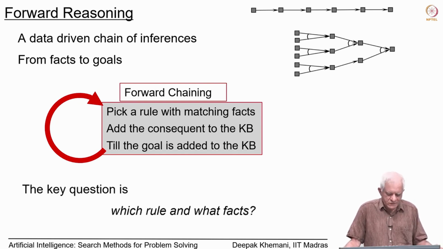The key question of course is which rule should we pick and what matching facts we should apply it to. We saw a glimpse of this when we talked about conflict resolution strategies in production systems, that you can have different kinds of strategies. We are talking about automated strategies. We are not talking about a mathematician who combines other processes to work towards finding the proof.